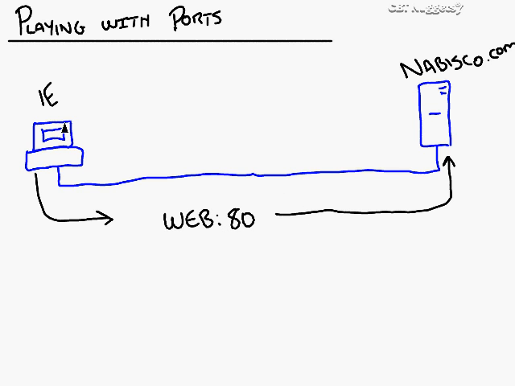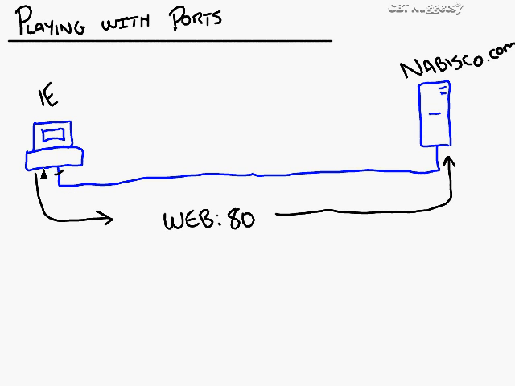But here's the dilemma. When I opened Internet Explorer on my computer, it was one of probably many applications that I have open. I might have an Internet Explorer instance going to Nabisco, one going to CNN.com, one going to CBT Nuggets. I might even have some FTP applications open. And since we only have one network card or modem coming in, we're receiving data for all of those applications through that one.